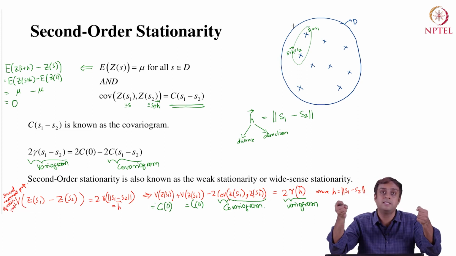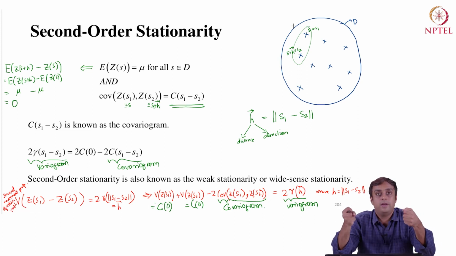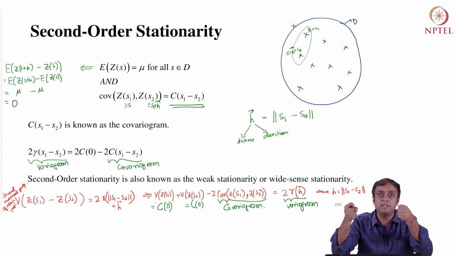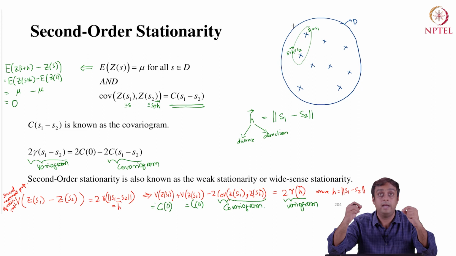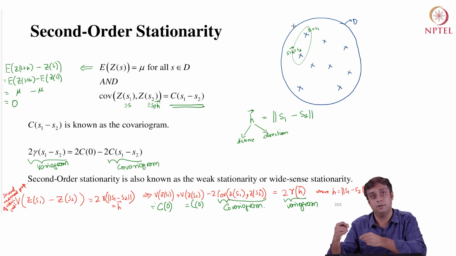The expectation of the values is the same, but if the variation in the difference of values is high, then you would expect those values to be less related, and hence the covariance will be smaller.